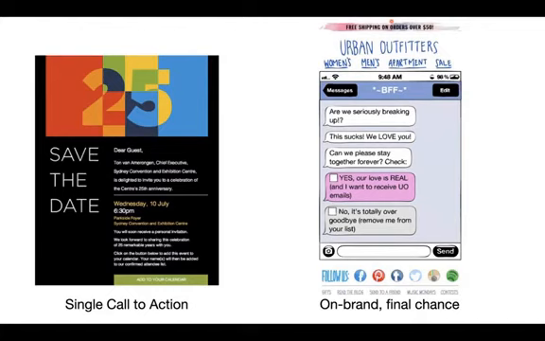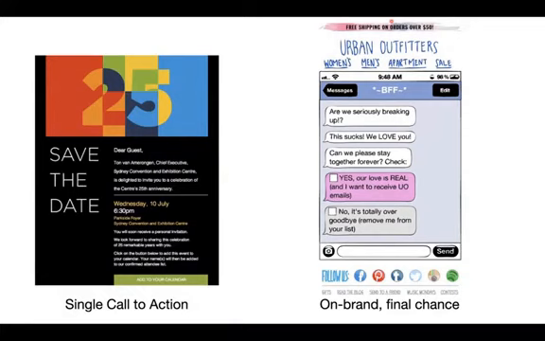And then if all else fails, this comes back to the whole kind of final chance of the segmented opt-out. And this is a particularly nice one that I like in terms of being very on brand, very, very stylish. Urban Outfitters, just look at the style in which this is done. This is not corporate.